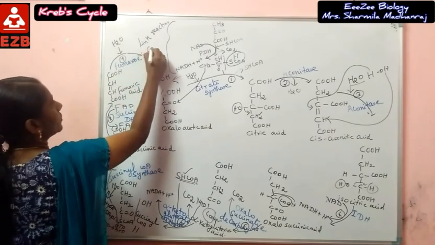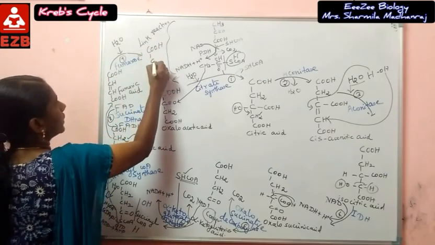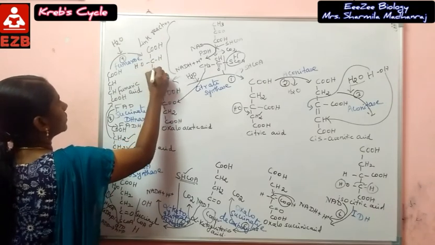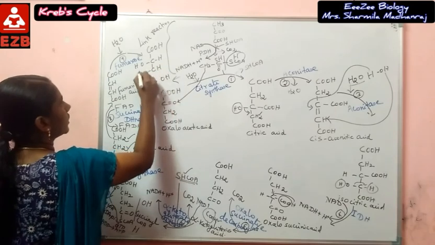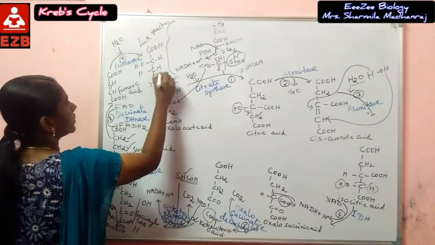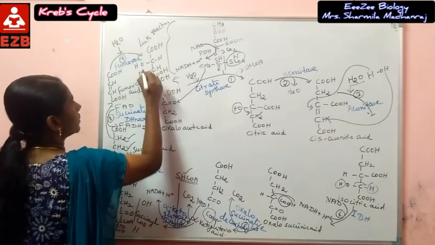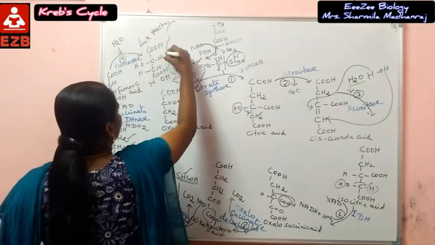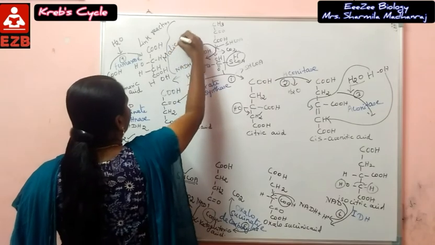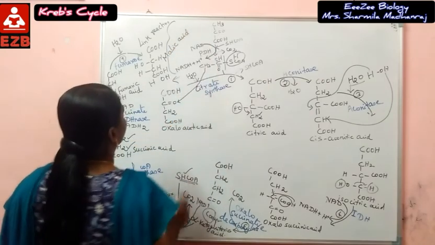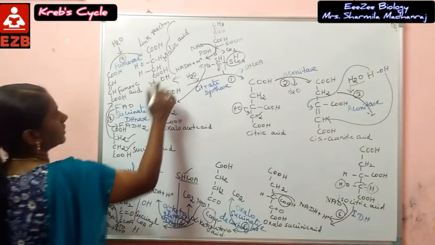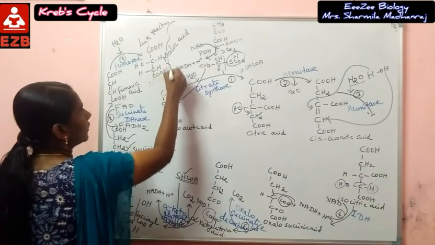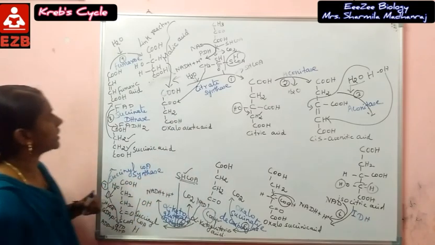So COOH, next C, hydrogen, OH, CH hydrogen, COOH, that is malic acid. Next, the malic acid is converted to oxaloacetic acid.